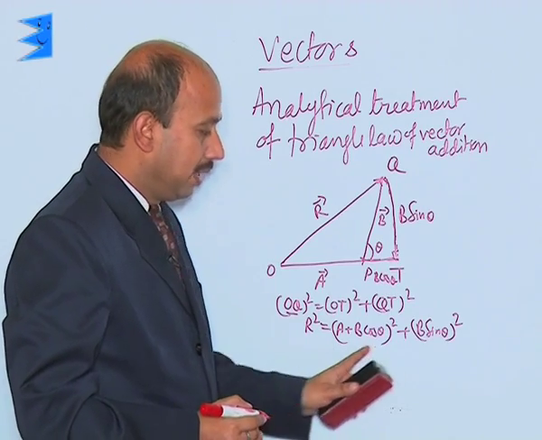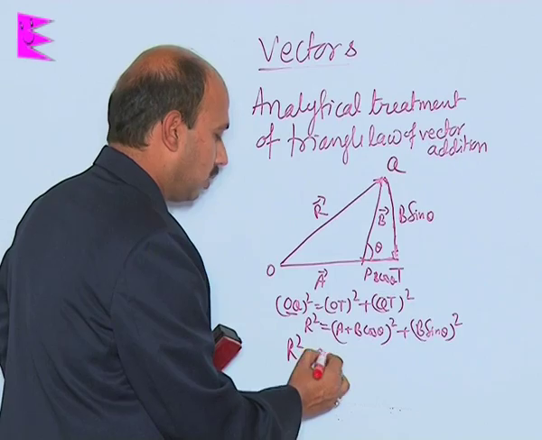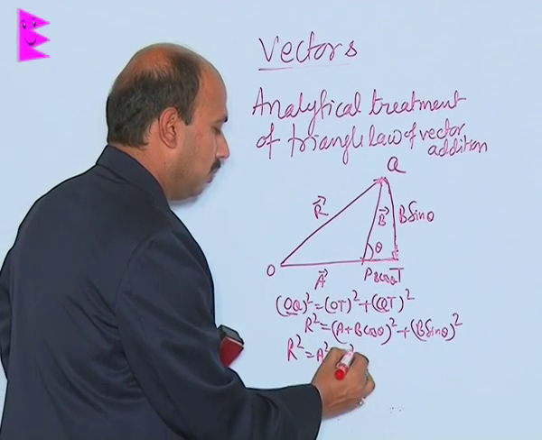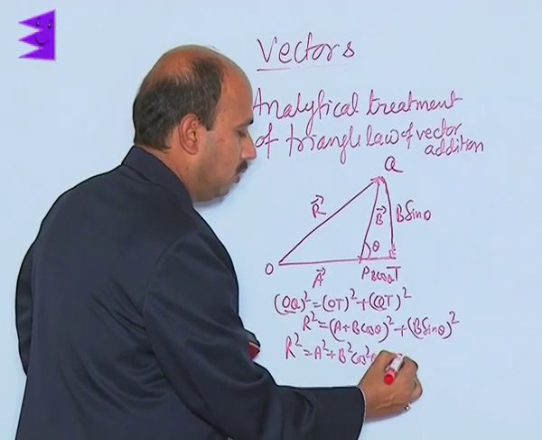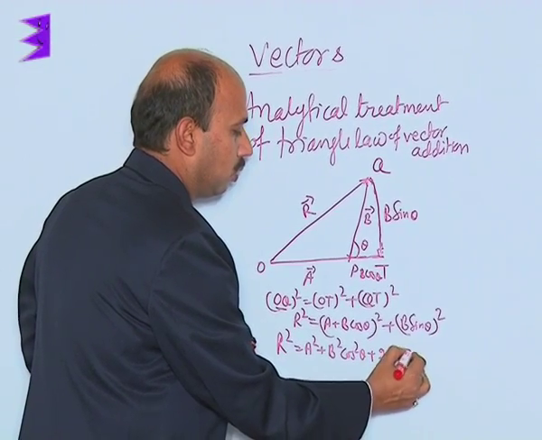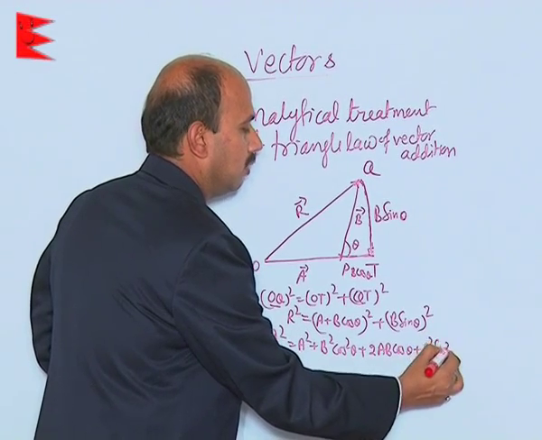We can break this bracket. So, we will be getting R square is equal to A square plus B square cos square theta plus twice of AB cos theta plus B square sin square theta.